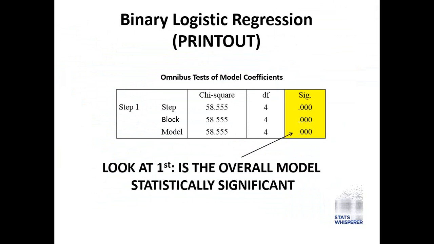In the last line where it says model, the significance level, this is the p-value, is way below 0.05, 0.000, which means the binary logistic model is statistically significant. If it wasn't, you wouldn't consider anything else within the model, because the whole model would not be credible.